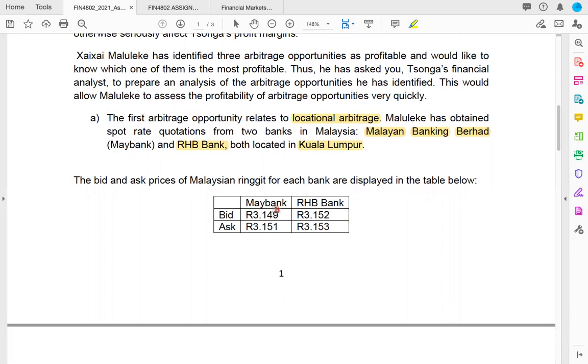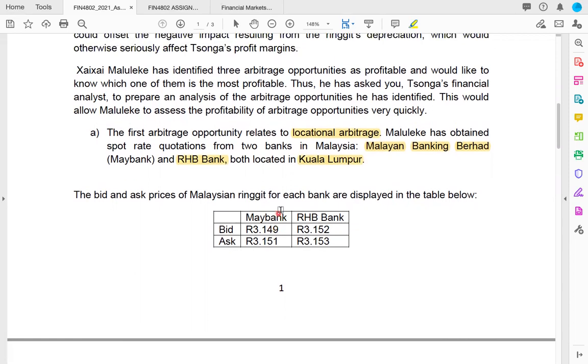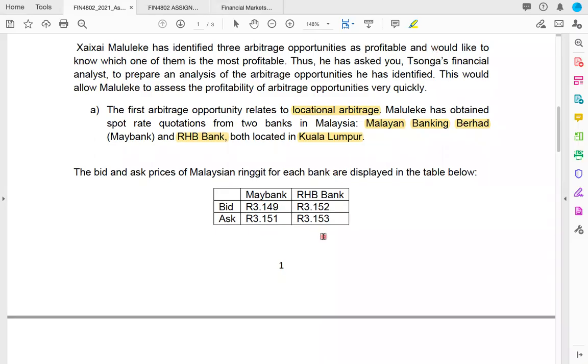This means if you have Malaysian ringgit and you go to Maybank and you want to sell it in exchange for rands, Maybank is prepared to buy 1 Malaysian ringgit for 3.149 rand.